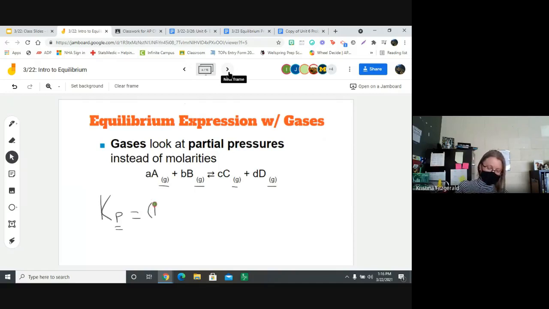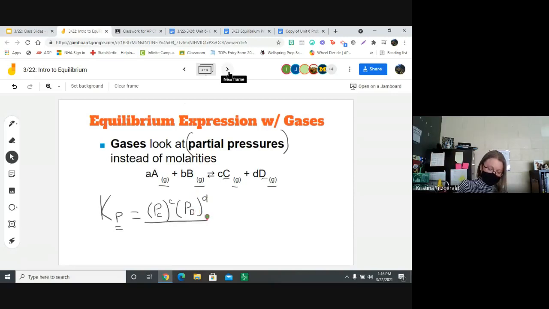So it's still products over reactants, but we just say the partial pressure of gas C, and then how many of that thing. Notice I'm doing parentheses now. Parentheses is for pressure. Concentration gets brackets. Then the partial pressure of gas D, capital D, and how many of that.